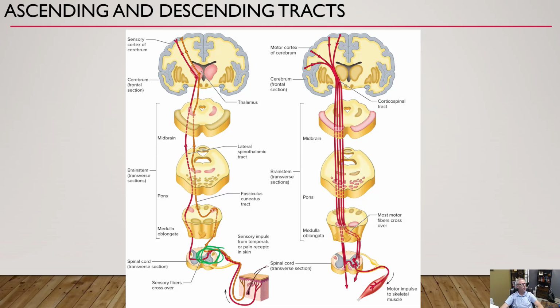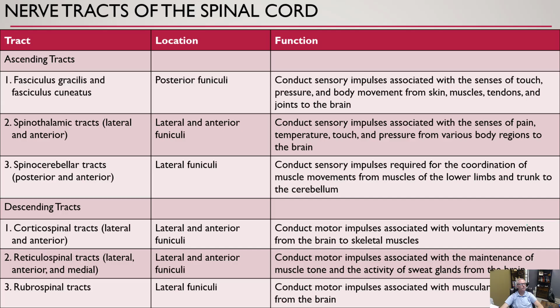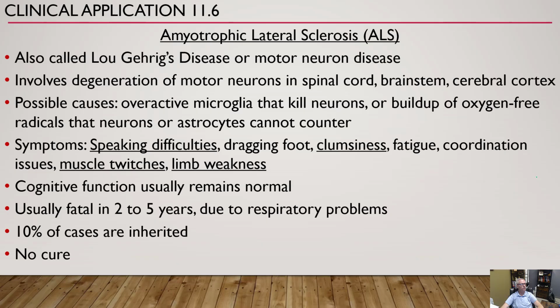These red nerve fibers are crossing over down towards the base of the spinal cord, and these orange nerve fibers are actually crossing over higher up, more in the medulla oblongata. All right, just a summary slide of the different tracts and what they do.